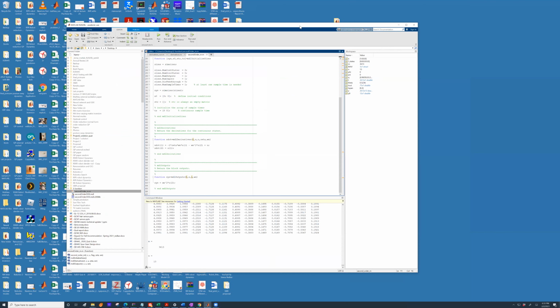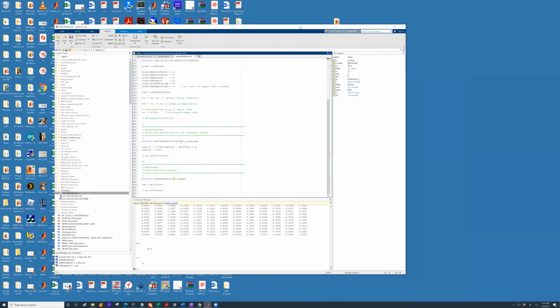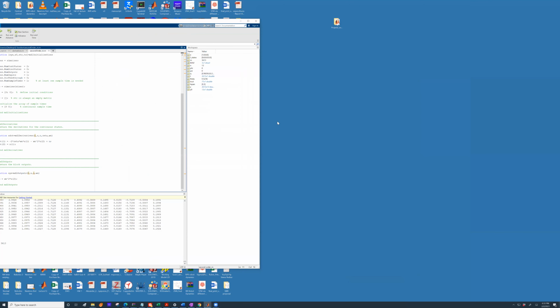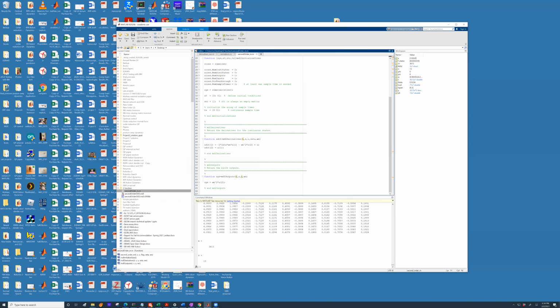Are you able to see my entire screen? I need to make sure that I am able to see my chat window as well. Okay, so now you should see my screen and the chat window.